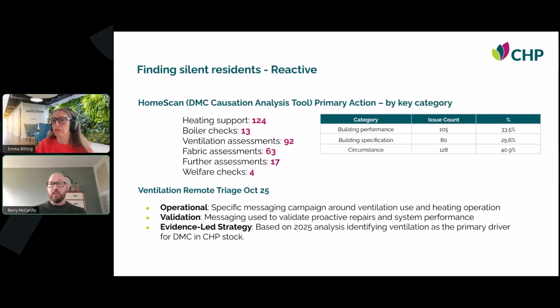For us in the first instance, when someone reports DMC, we're looking for the causes, and it can only be one of three categories: something needs to be repaired, something needs to be improved, or some circumstances within the property are giving rise to the conditions.